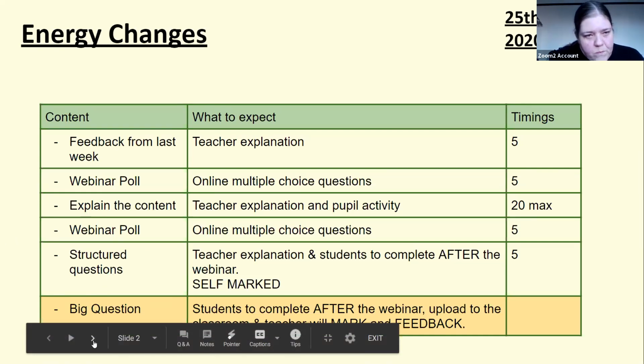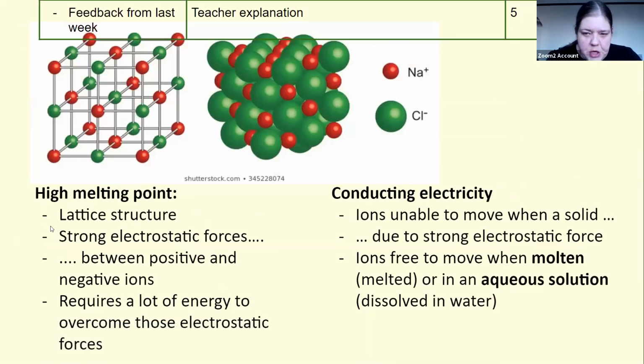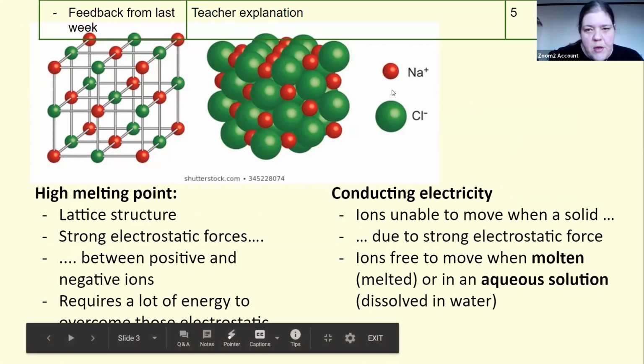Right. So this is one of the bits that Mr. Collins did with you last week, and I just wanted to make sure that you are all nice and clear that an ionic structure has electrostatic forces between the positive, which would be sodium in this case, and the negative chlorine. It requires lots of energy to overcome those forces between the charges.